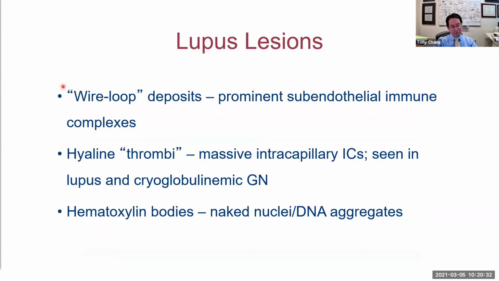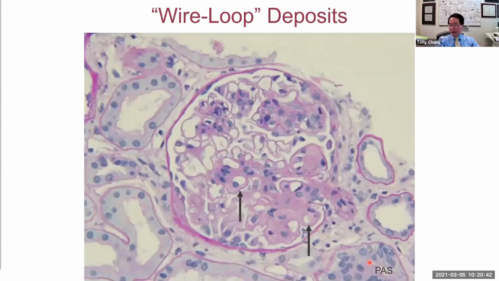So let's talk a bit more about some of these wire loop deposits and hyaline thrombi, and then the more potentially specific finding of hematoxylin bodies. The wire loop deposits represent prominent subendothelial immune complex deposition. You can see that very nicely in this example, where you have duplication of the glomerular basement membranes, because the endothelial cell and the podocytes secrete the matrix that makes up the GBM.